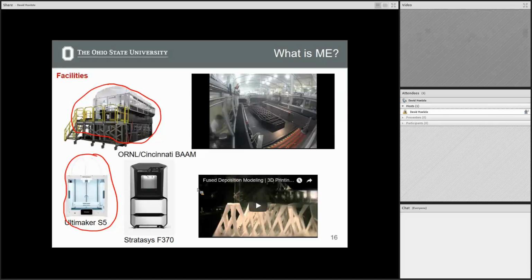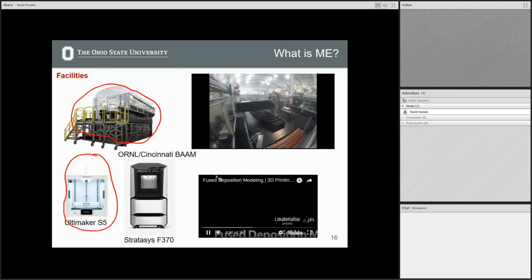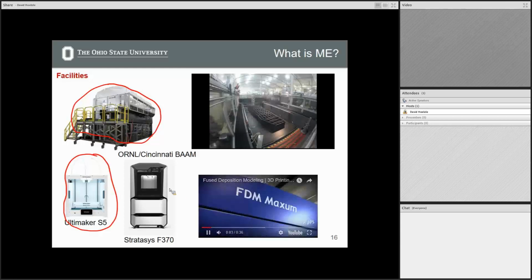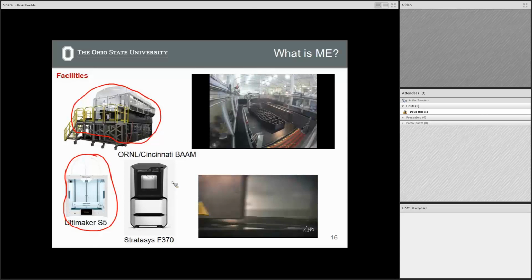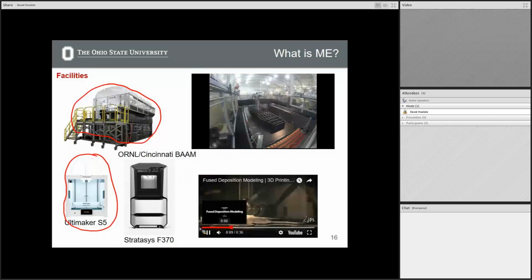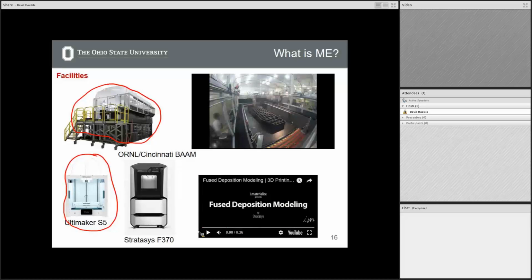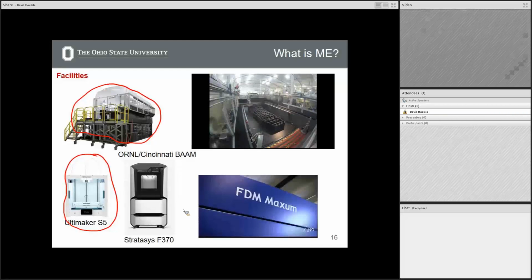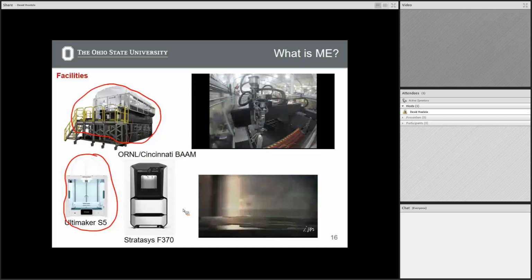This is a smaller scale version, so we're going to look at what's more typically done. This is an older Stratasys system. I showed this video on the first module as well, just to show you again.